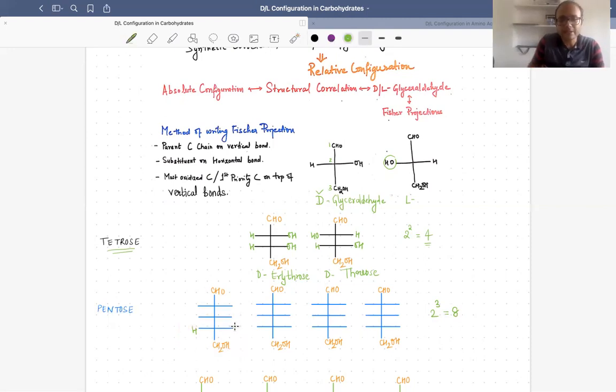I'll keep all four of them with the H and OH in this particular way, so that the OH is on the right side. When OH is on the right side, all of them would be D.